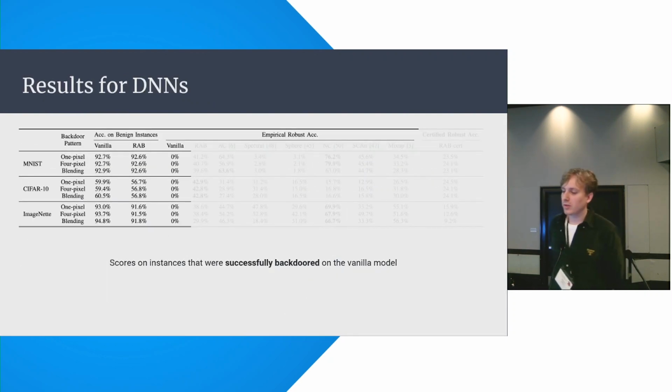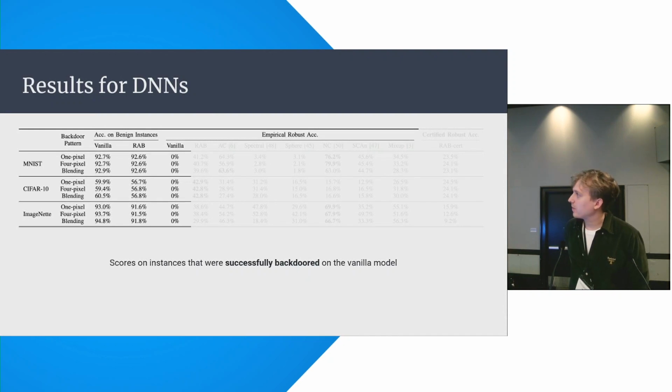So to go through the results quickly, the first observation that we can make here is that both the vanilla model and the RAB defended model have similar accuracy on clean instances. So we have around 90% accuracy on MNIST, 60% on CIFAR10, and 90% on the small ImageNet.